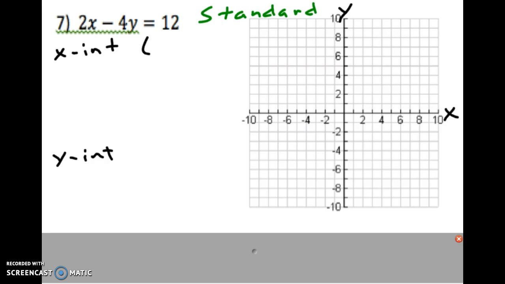Hopefully everybody knows that when we're crossing the x-axis, the y value is 0. So to figure this out, we can plug the 0, the y, directly into the equation. So we have 2x minus 4 times 0 equals 12.